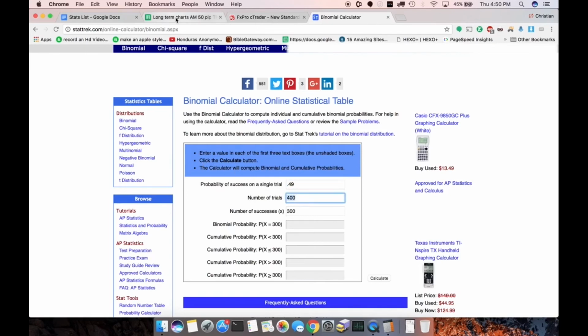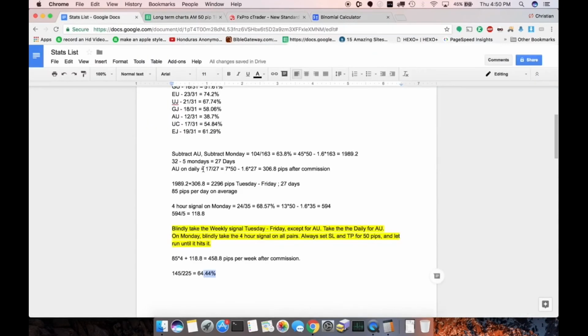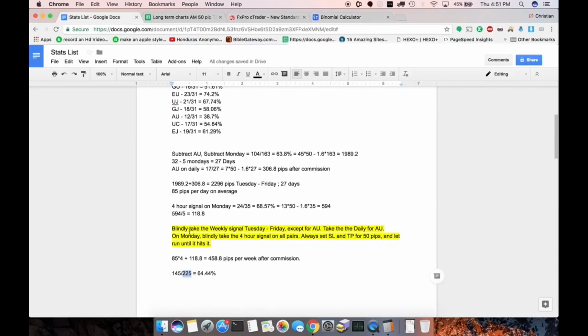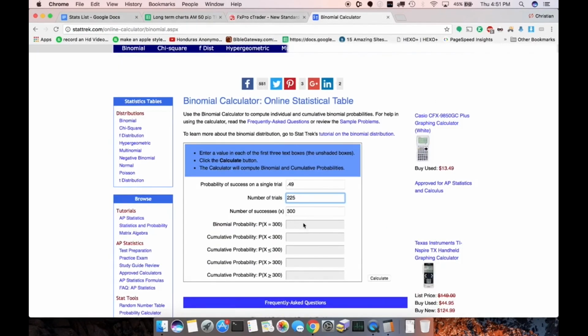Mind you, these are all definable criteria that can be repeated. Now you take 225 as the total number, and 145 successful.